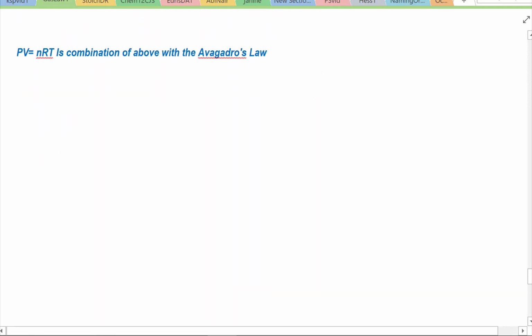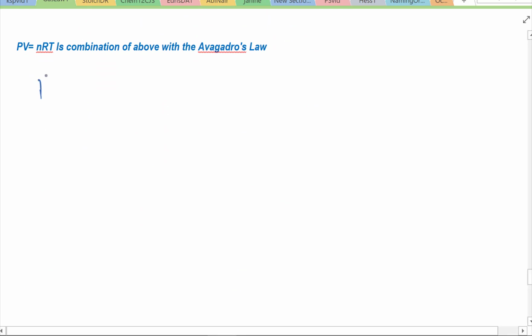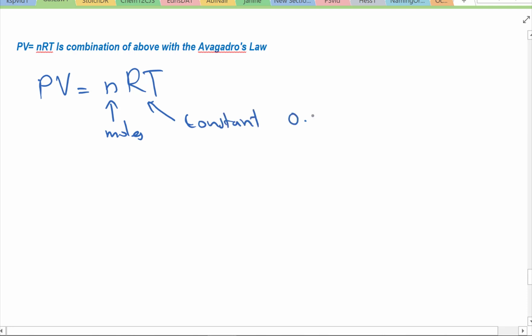Now we also can combine with Avogadro's law, then we can get PV equals nRT. That's the combined gas law and Avogadro's law together, right? What's the important thing here?